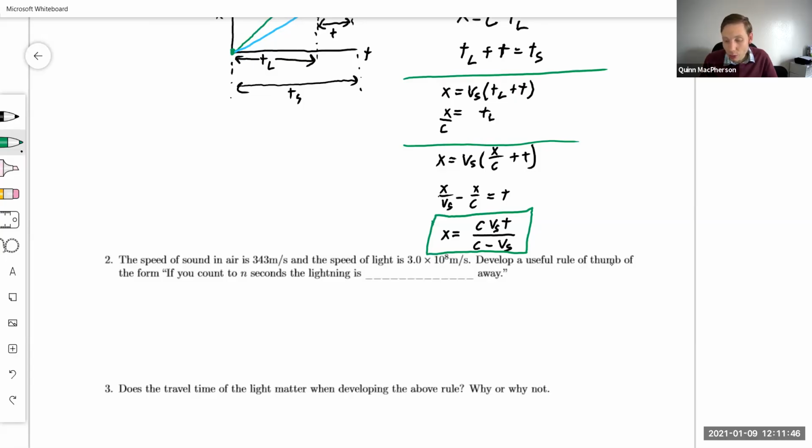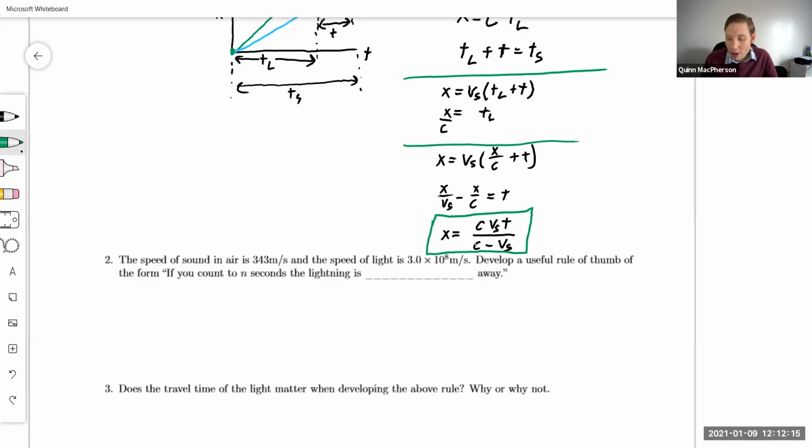Develop a useful rule of thumb of the form: if you count to n seconds, the lightning is blah distance away. Okay, well, I'm actually going to use one of those limits because c is 3 times 10 to the 8th and vs is 3 times 10 to the 2, basically. They are enormously different. The speed of light is a million times-ish faster than sound.